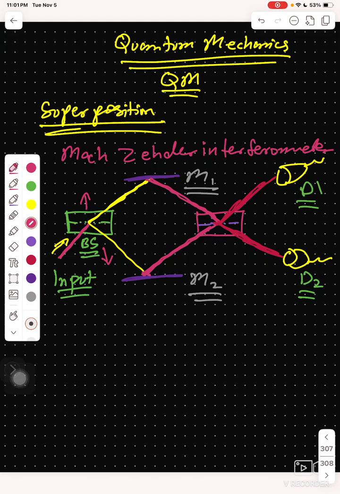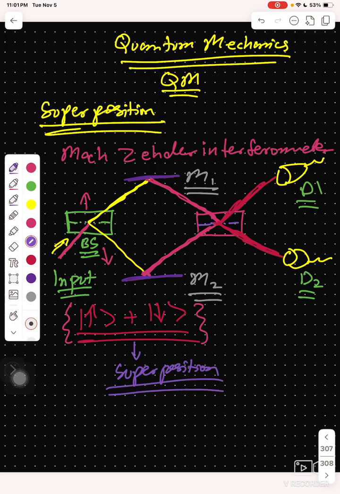Or in quantum mechanics, we can say that it went both. In terms of quantum mechanics, I will write it as it went both up and down at the same time. This is known as superposition. This is what our topic is, superposition.